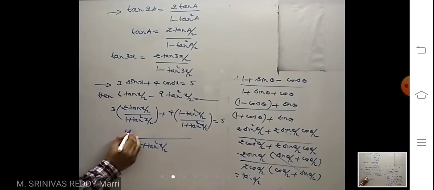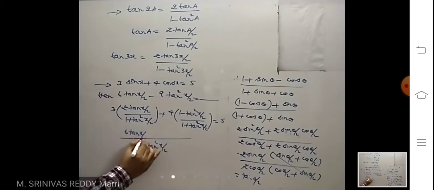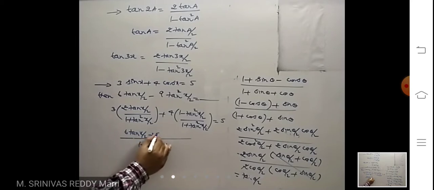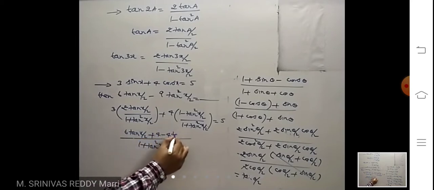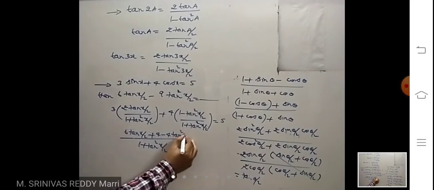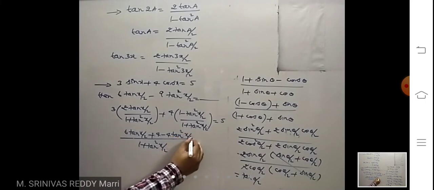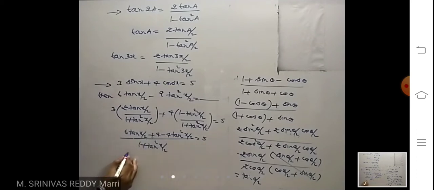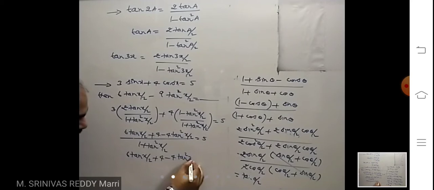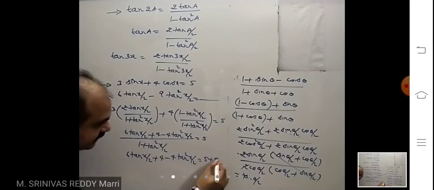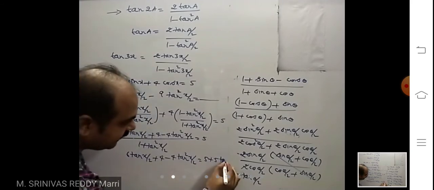So this is 6 tan x by 2 plus 4 minus 4 tan square x by 2 equal to 5. Now cross multiply that side: 6 tan x by 2 plus 4 minus 4 tan square x by 2 equal to 5 plus 5 tan square x by 2.